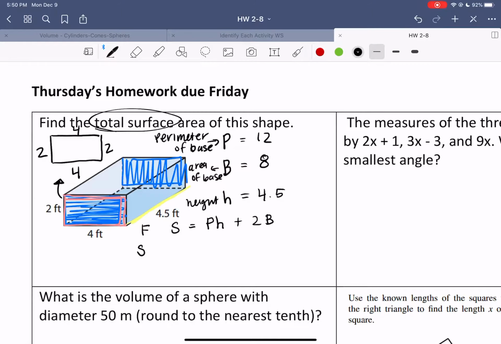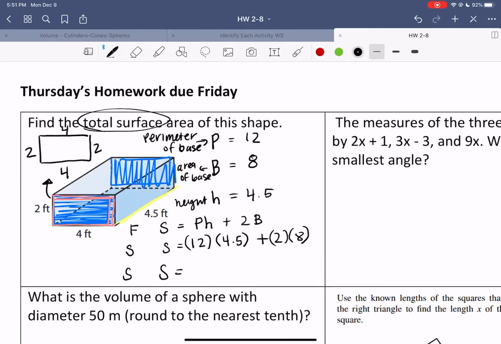Our substitution is going to look like the perimeter of our base, which is 12, times our height, which is 4.5, plus 2 times our capital B, which is going to be 8. From there, you should be able to solve and simplify to find the total surface area.